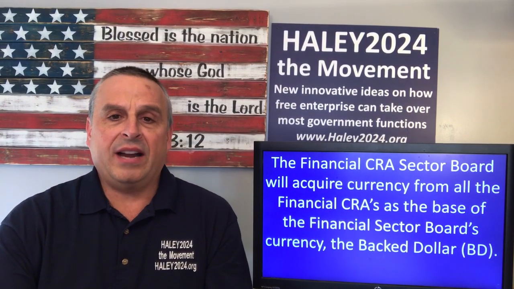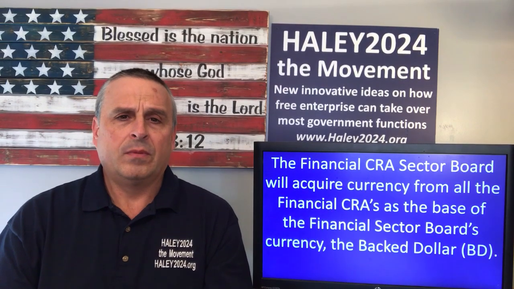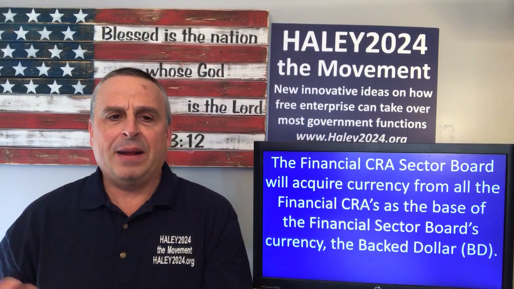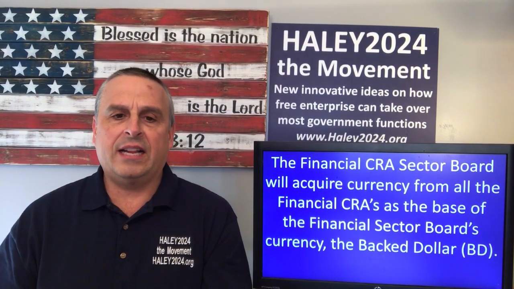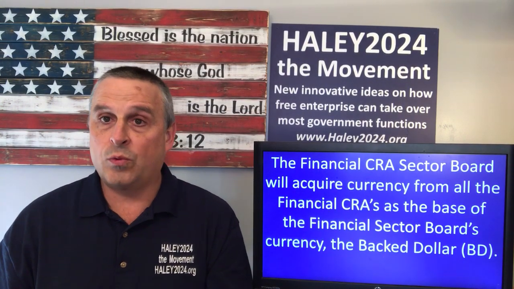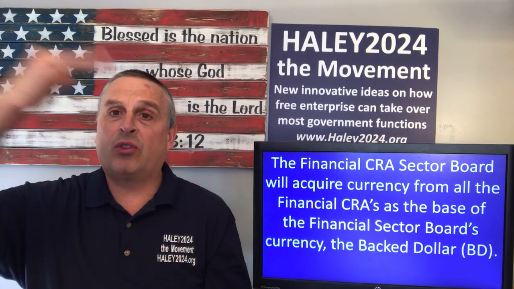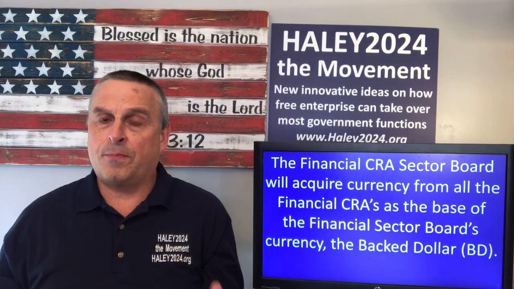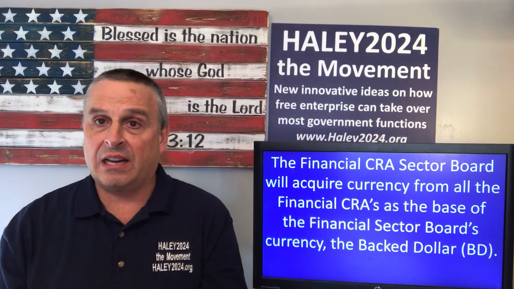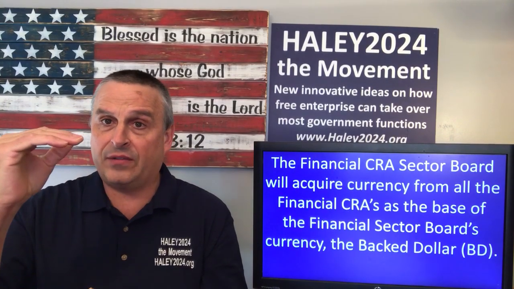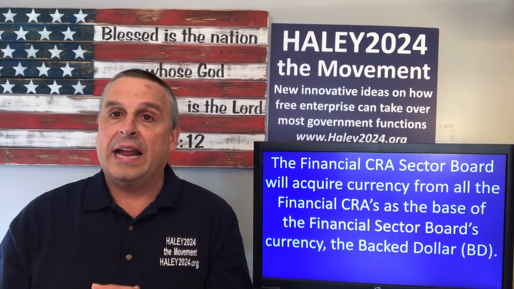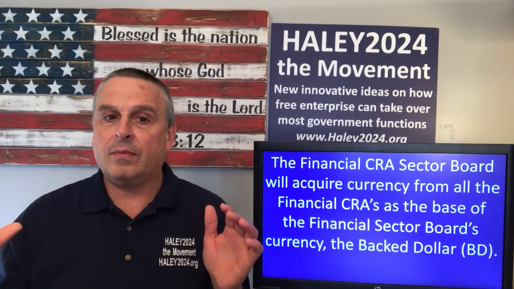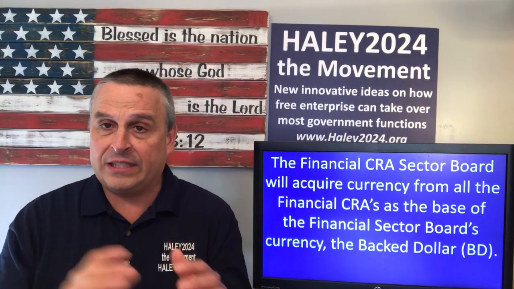A financial CRA sector board will acquire currency from all the financial CRAs as the base of the financial sector board's currency, the backed dollar. So what we're dealing with is we're going to the representative level. So all banking CRAs send representatives to the sector board level, and they're going to proportionally collect currency from every CRA.